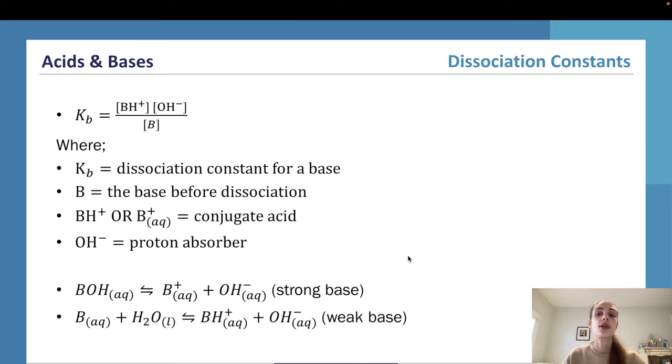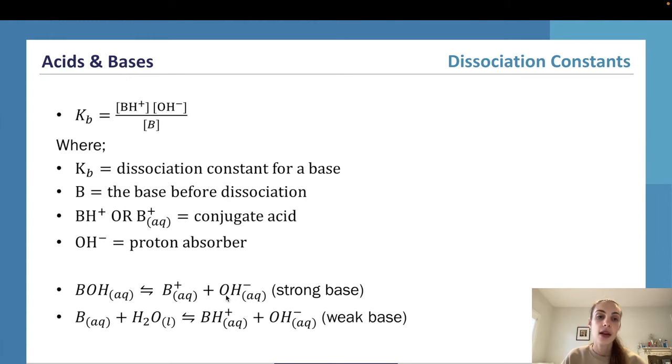Then the same goes for Kb. So with Kb, we can start off with our strong base, our strong base would be BOH, and that can dissociate into B+ and OH-.